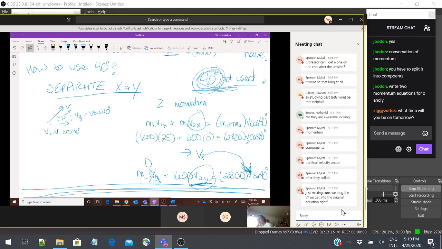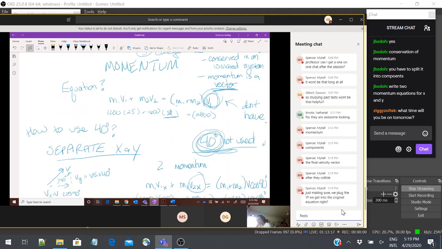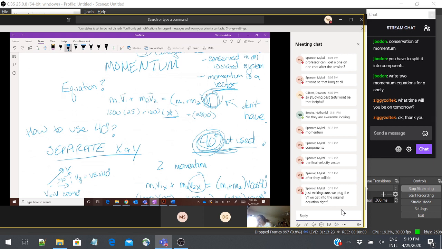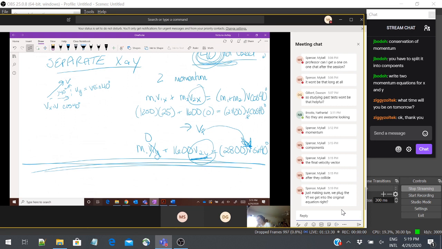Which original equation? In this equation, you have sort of mashed up x and y. These are all really vectors. So what you want to do instead is plug it into the separated x equation and y equation. It's tricky.